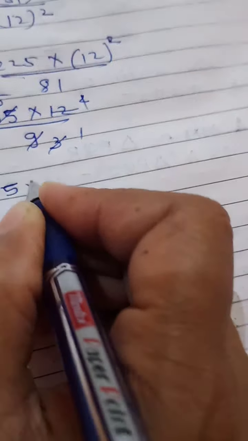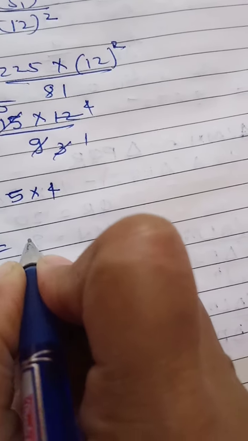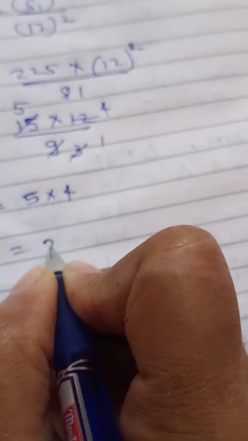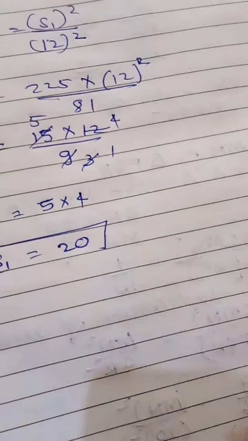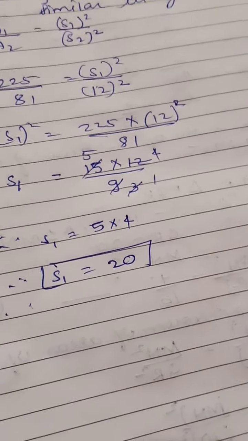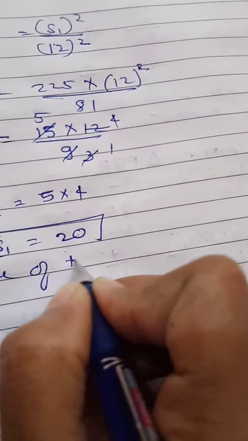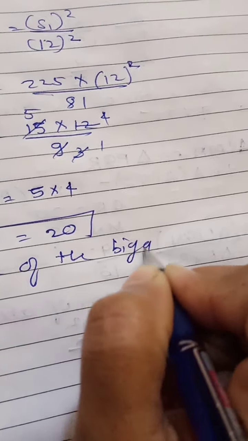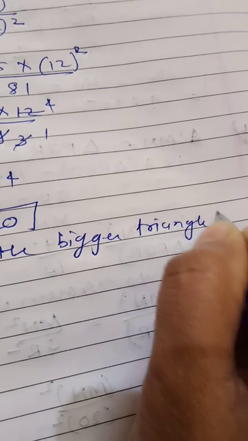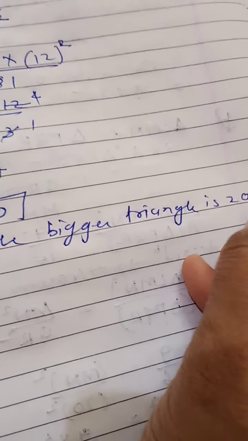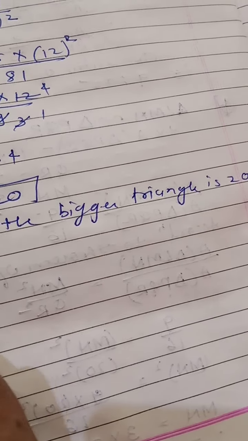Therefore the side of the bigger triangle is 20 centimeter.